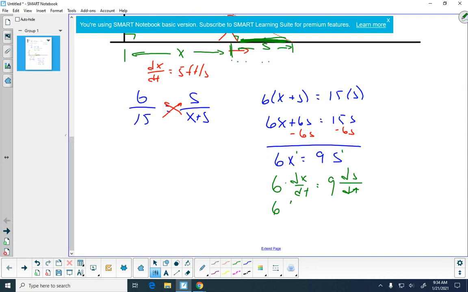So we have 6 times 5 is equal to 9 times ds/dt. We can divide both sides by 9. So we have 30 over 9, which is 10 over 3. So we have 10/3 feet per second, or 3 1/3.